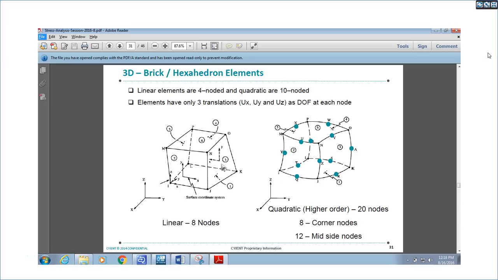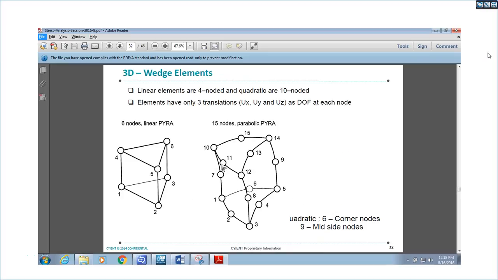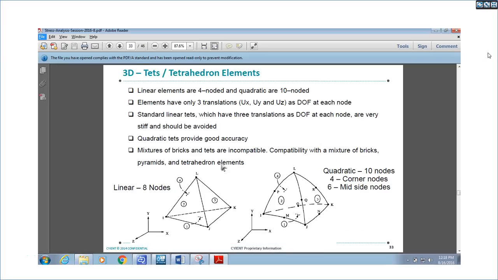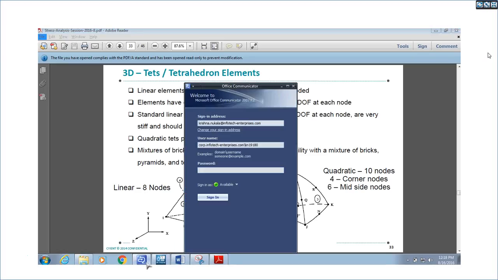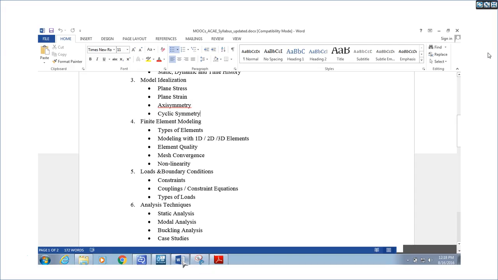Tets have all trias. Okay. So it is very easy to identify how bricks look like, how tets look like. One with square faces, one with the tria faces.